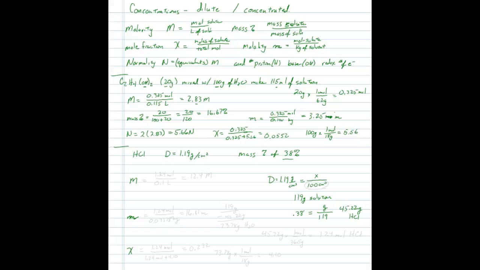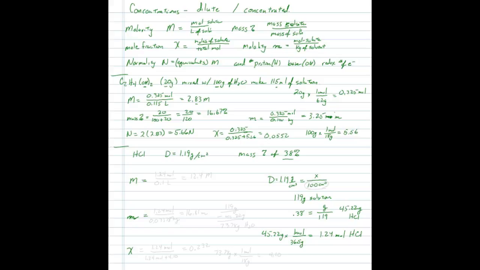Now, what you do is you have to find the moles of HCl. So 45.22 grams, 1 mole over 36.5 grams, periodic table number 35.5 plus 1, will give you 1.24 moles of HCl, the actual substance.